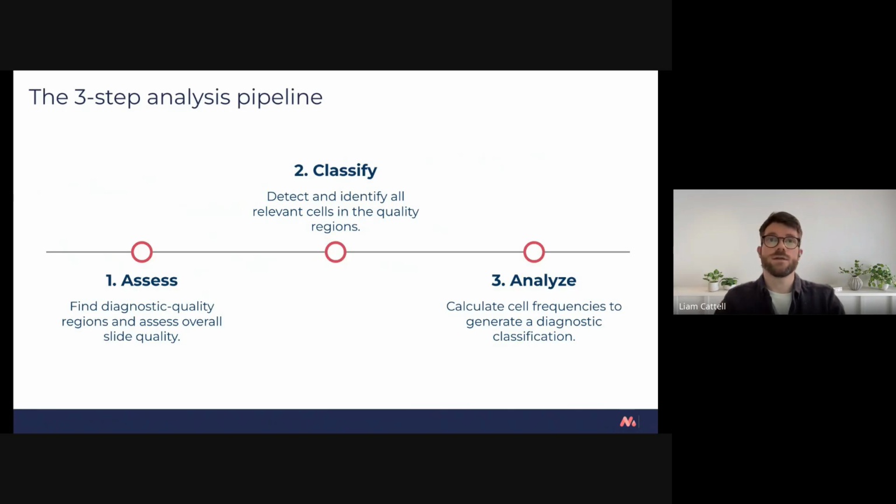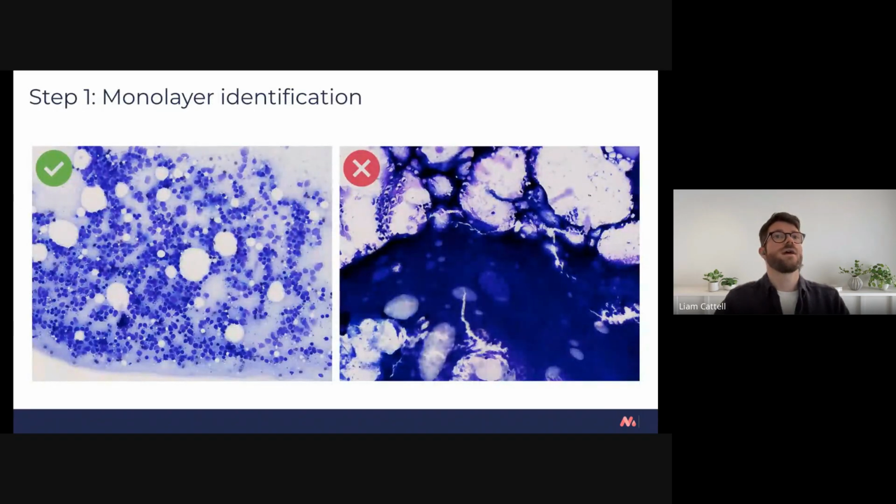In this step, we're detecting and identifying all of the relevant cells in those quality regions. And then the third step is the analysis. And that's where we're taking those detections and those classifications and looking at the relative cell frequencies and overall cell numbers to generate a final diagnostic classification of, is this large cell lymphoma? Yes or no?